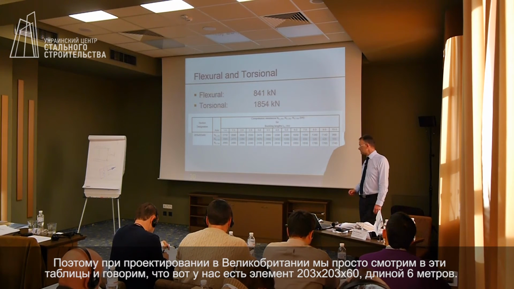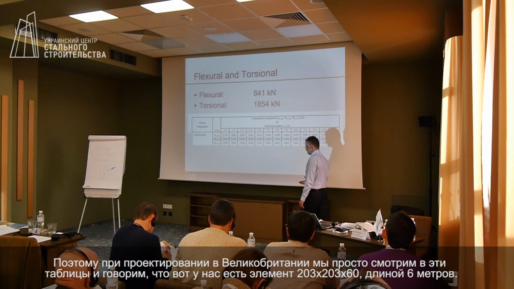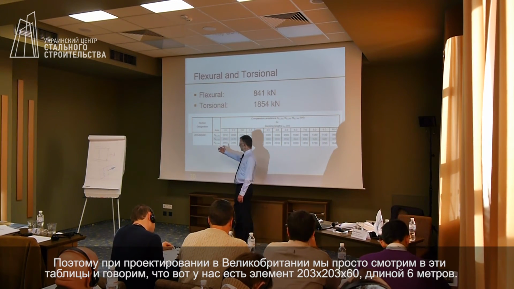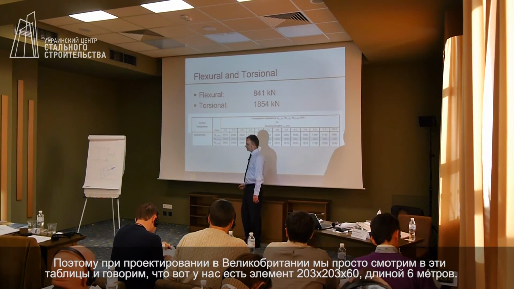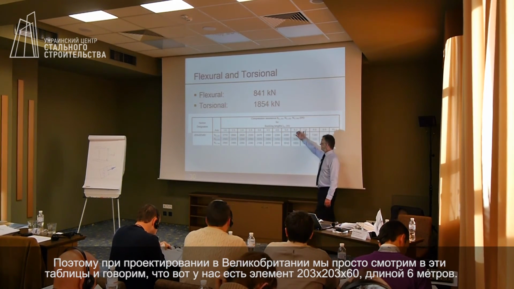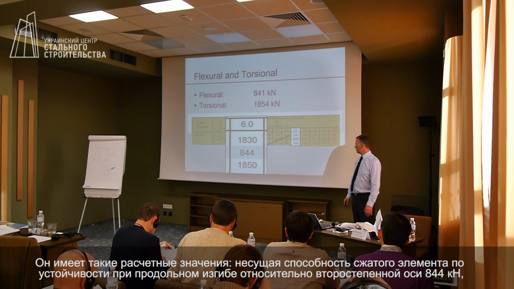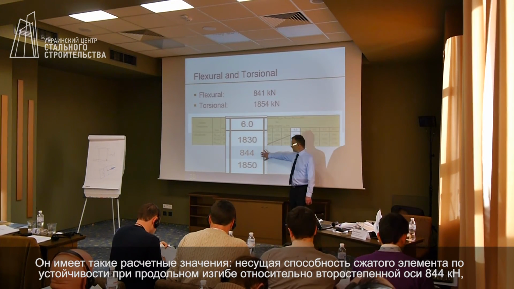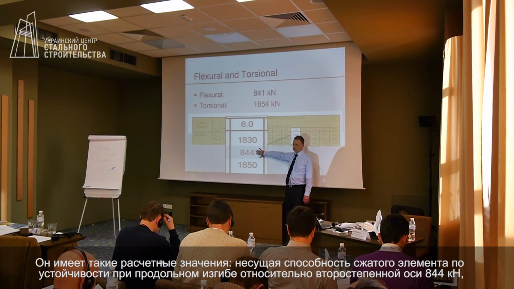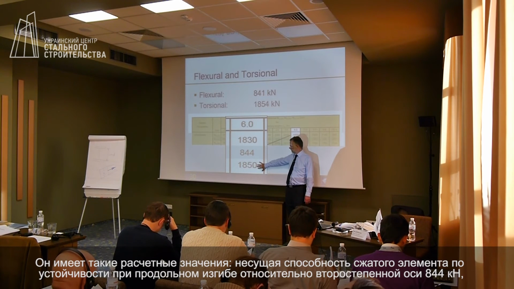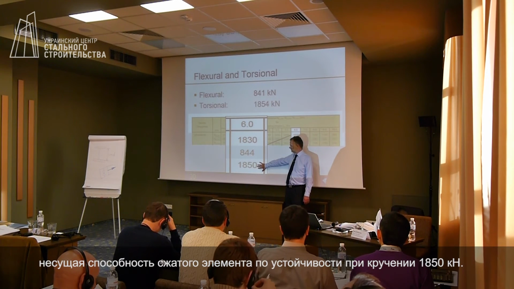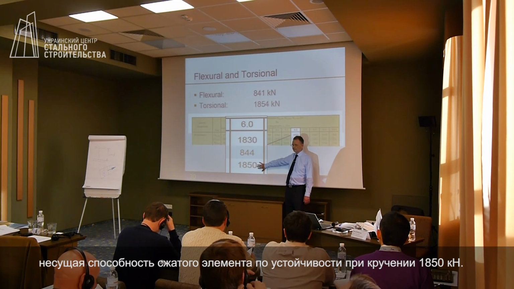So our design practice in the UK would be to say, here is the member, 203 by 203 by 60. Here is a buckling length of 6 meters. And according to the lookup tables, the minor axis flexural resistance is 844. And the torsional resistance here is 1850.